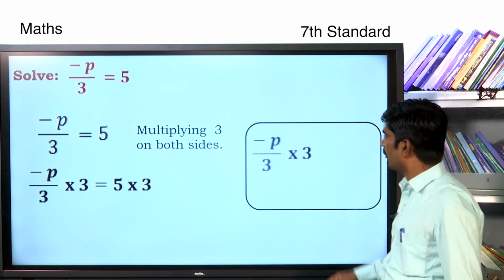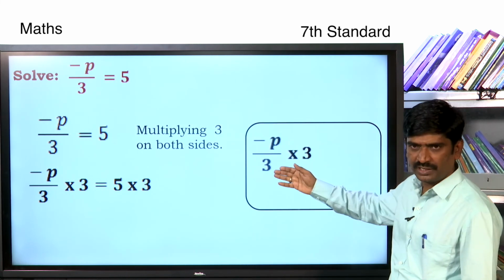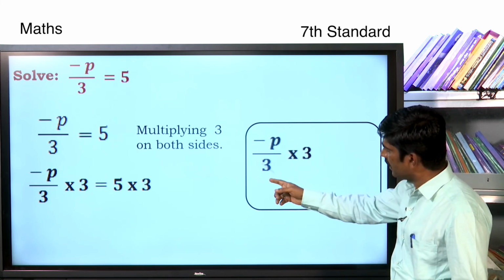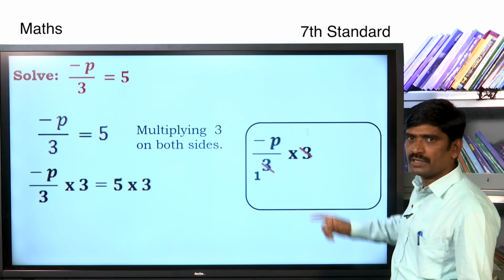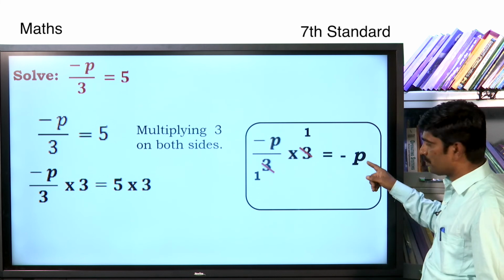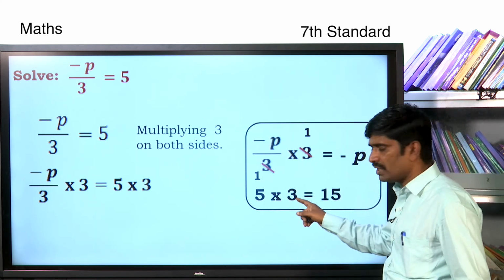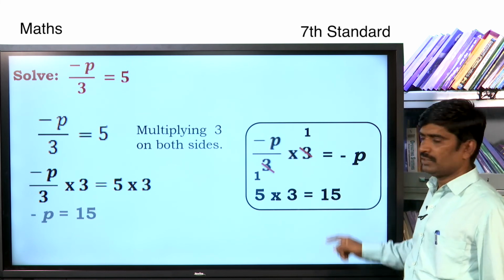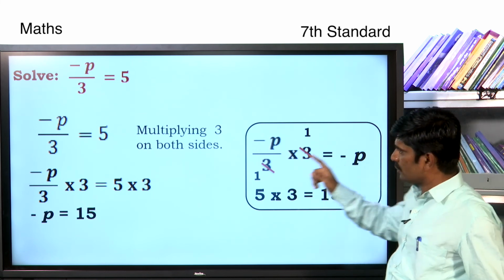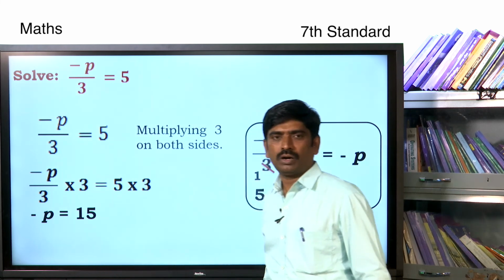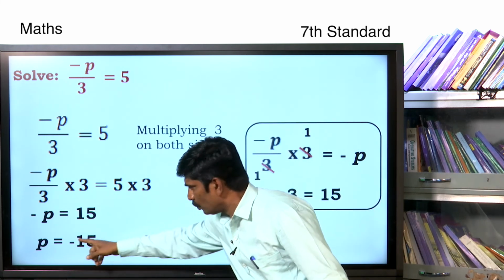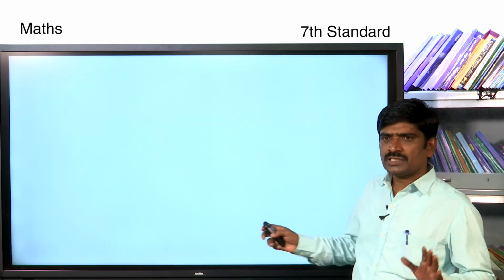Then minus p divided by 3 into 3, 3 ones are 3, that is minus p. Next one, 5 into 3 is 15. Therefore, minus p is equal to 15, or p is equal to minus 15. This is in the second session.